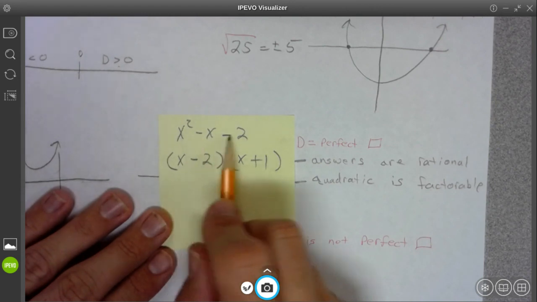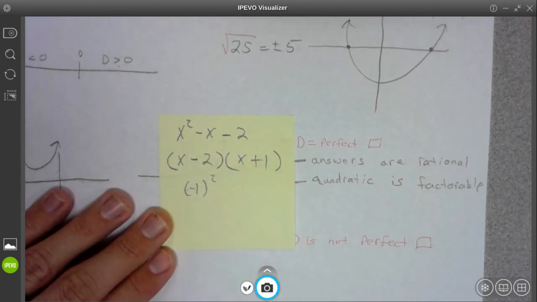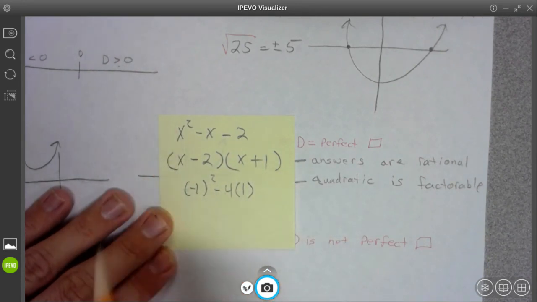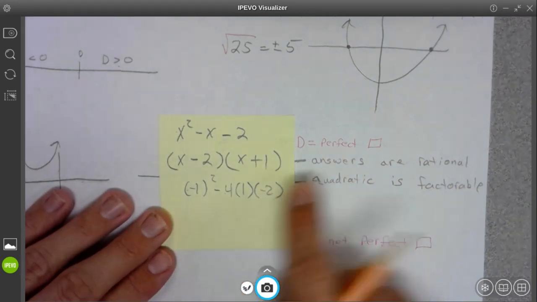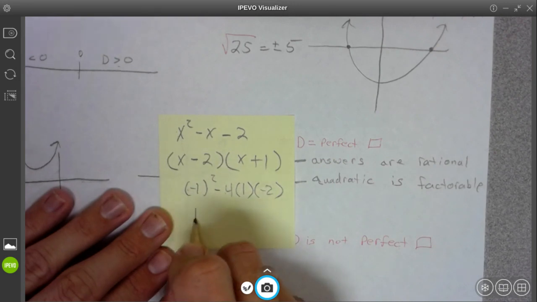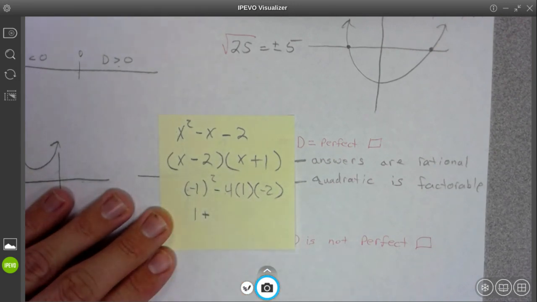And when I find the discriminant, b squared would be negative 1 squared minus 4 times a times c. If I find this discriminant, it's going to be a perfect square. Negative 1 squared is 1. You got two negatives, so it makes it a plus sign.